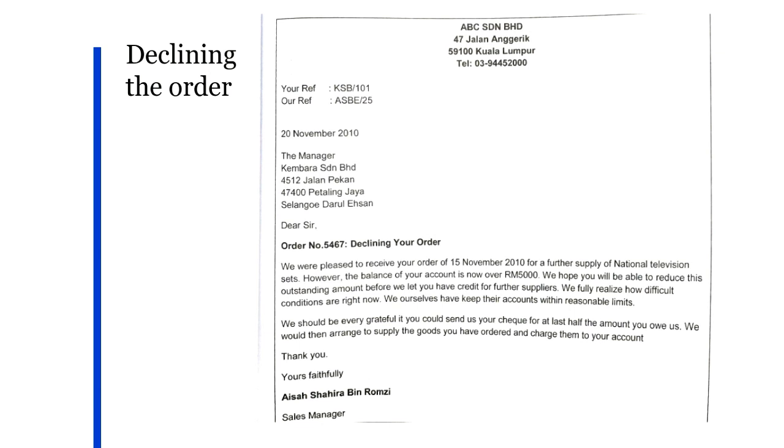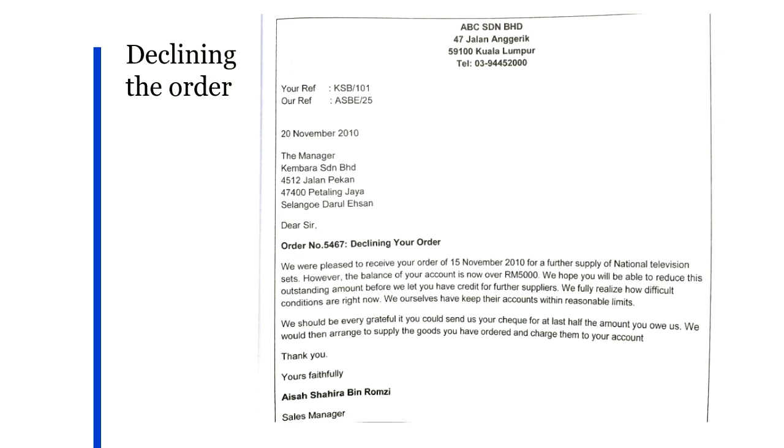Okay, and then declining the order. So you decline terus order tu. Tapi janganlah dalam bahasa yang kasar, mestilah bahasa yang bersopan santun. We were pleased to receive your order of 15 November 2010 for a further supply of National televisions. However, the balance of your account is now over 5,000.